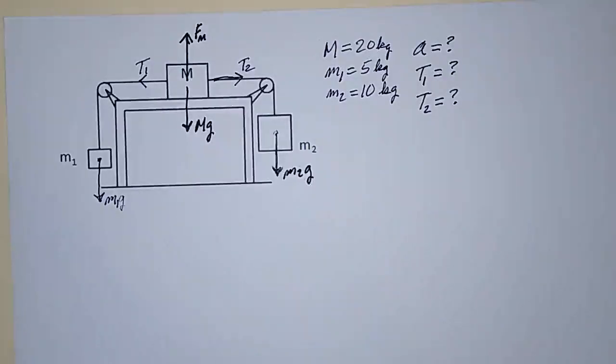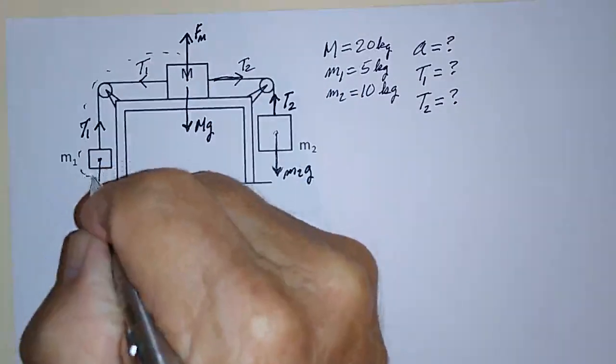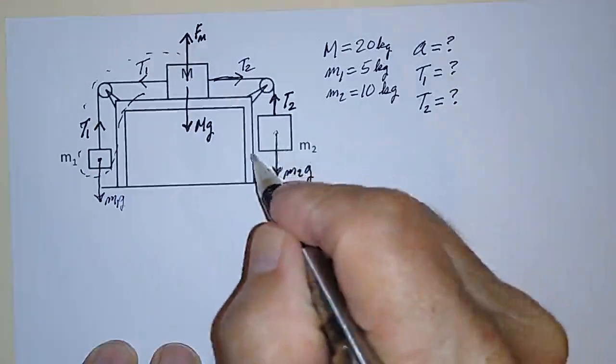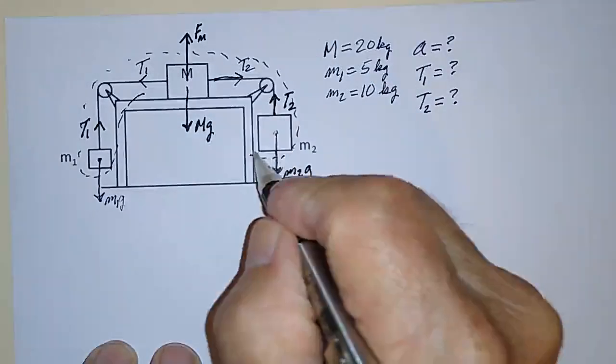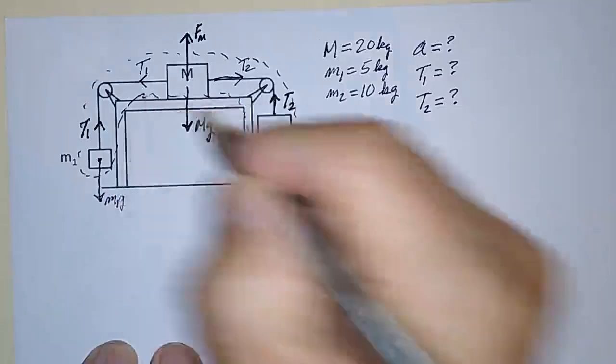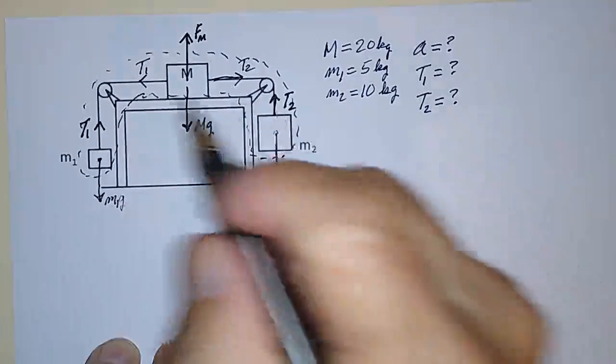So how do we do that? The easiest way is to look at the whole system, where all of this mass is being accelerated by the net force acting on the system. These forces, T1 and T2, are internal, so they don't count.